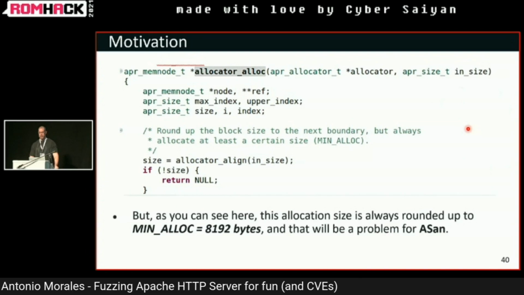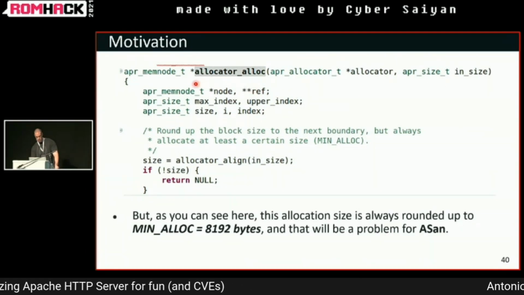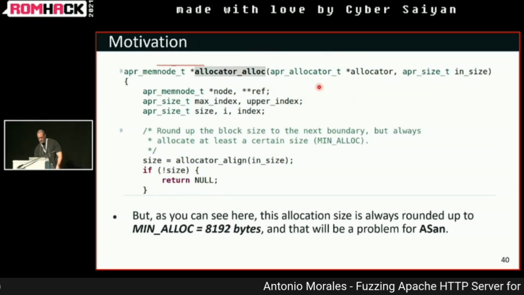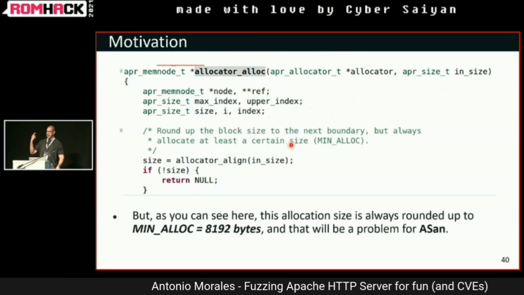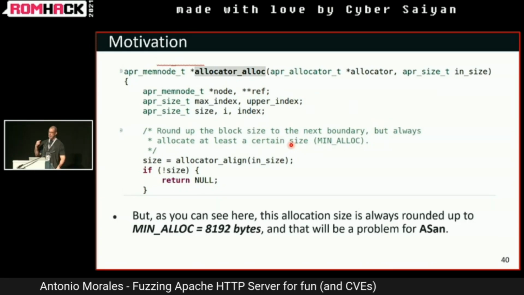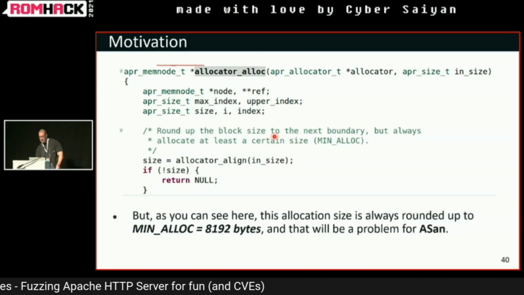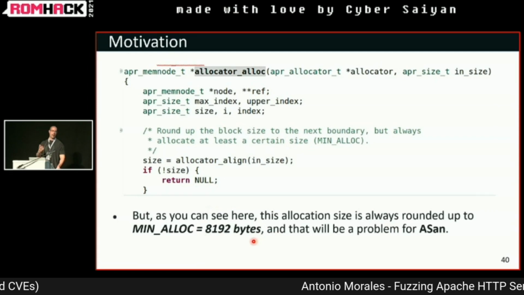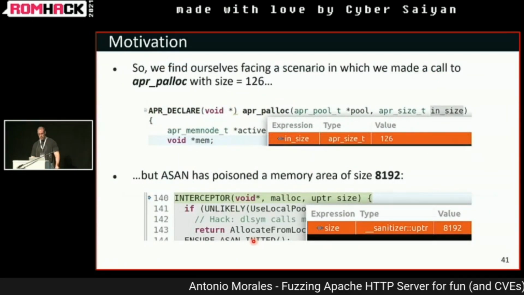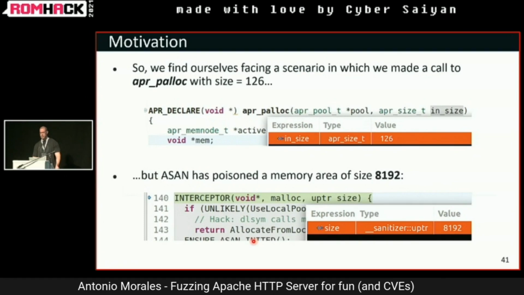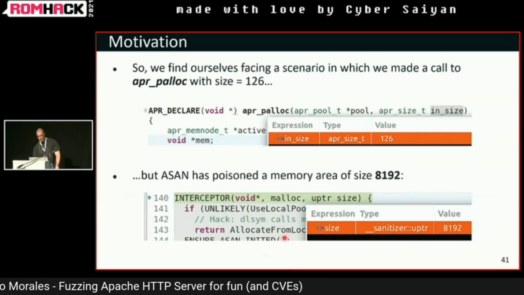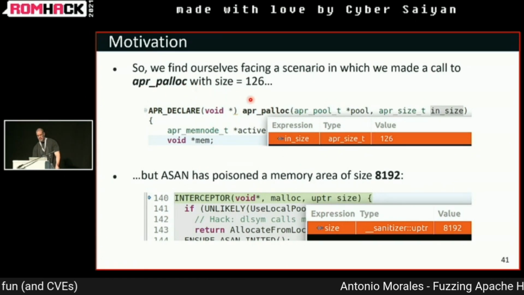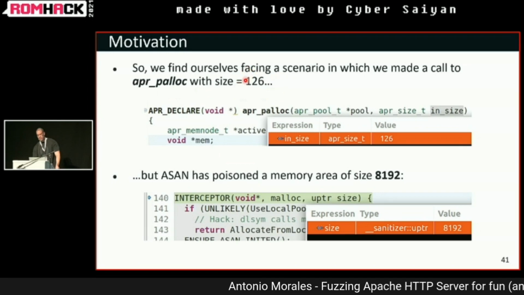And this is the code of the allocator_alloc function. The thing is that this function, as you can see in this comment, rounds up the minimum size to 8,192 bytes. And of course, this will be a problem for AddressSanitizer. So for example, I can show you a scenario where we make a call to apr_palloc with a size of 126 bytes.